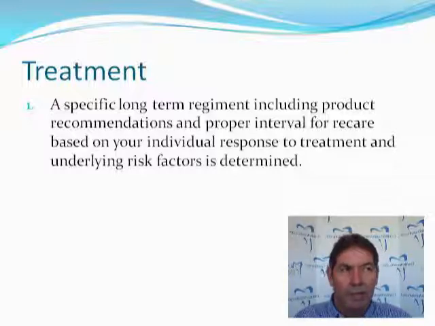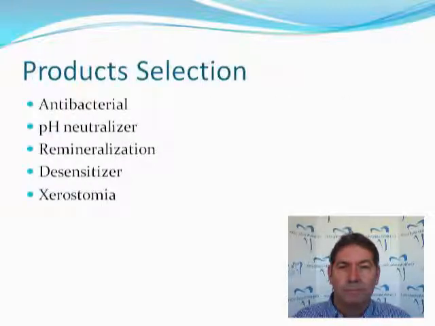And what we're talking about there is, what do you use at home to support this? All of these programs are extremely home care intensive, meaning it's a compliance thing. You're going to have to do the bulk of the work. We're going to be the educators and the instructors and initiate the treatment, but you have to support it at home. And then we'll pick an interval for you to come in and get checked and evaluate the results.